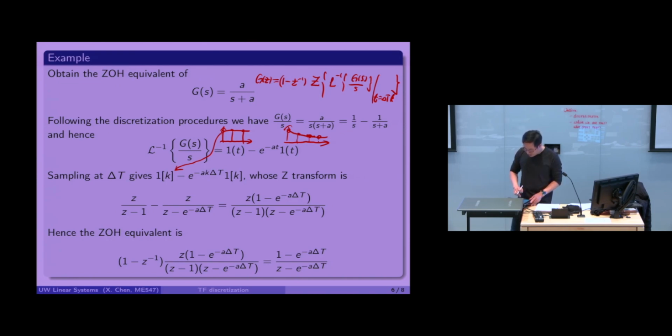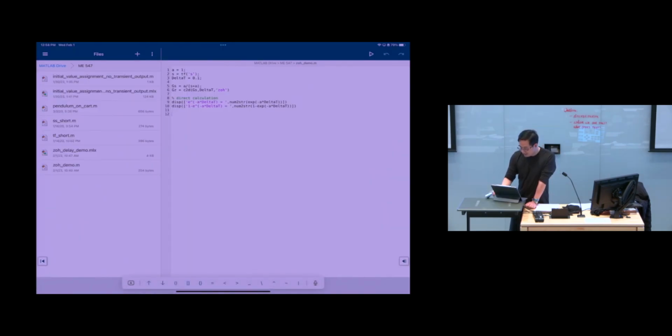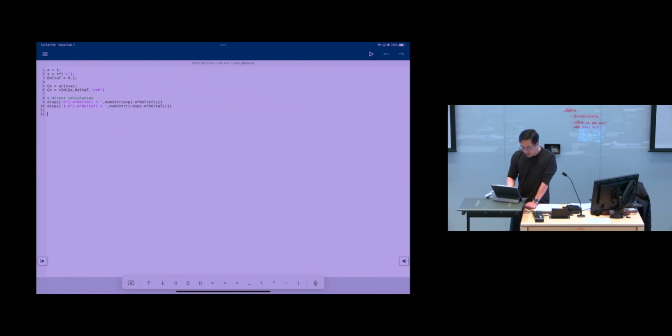Let us put this into MATLAB to show you how to compute. Over here, I have coded the continuous time Gs into the command lines. A, in this case, I assign as 1.